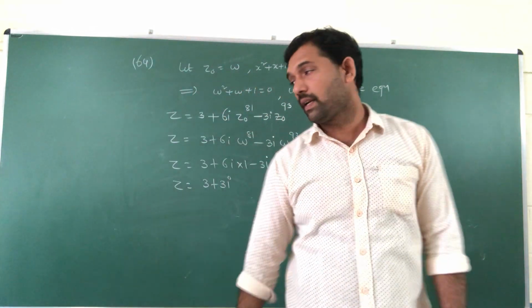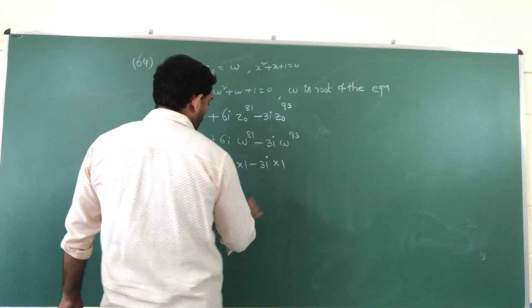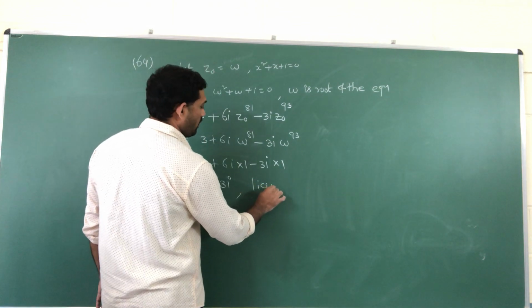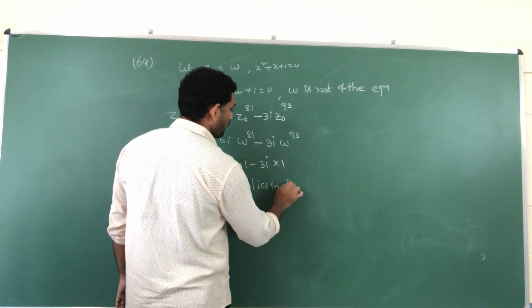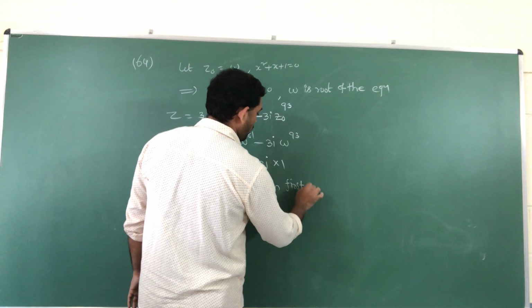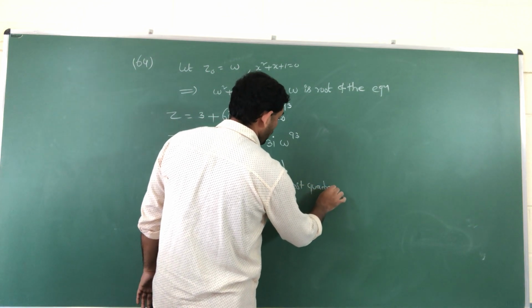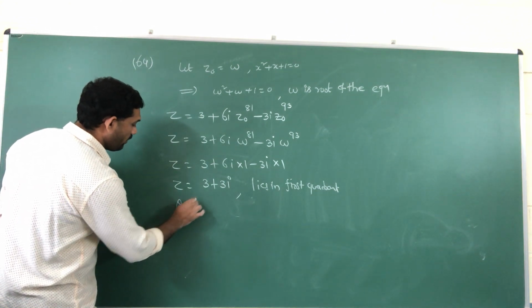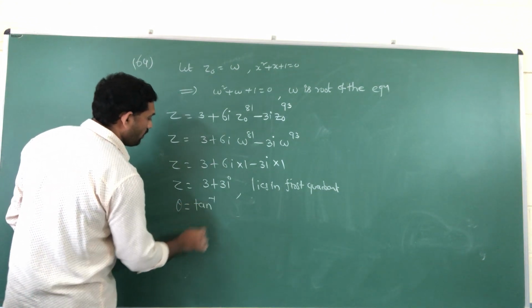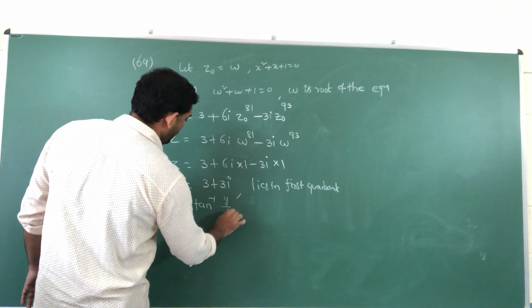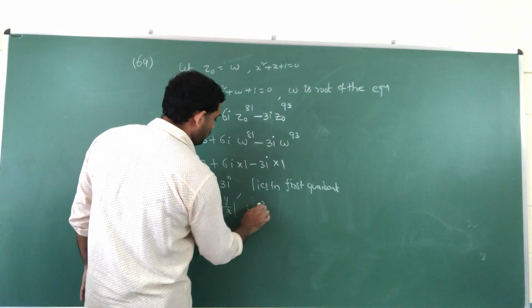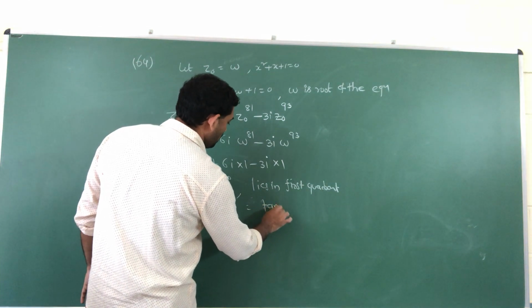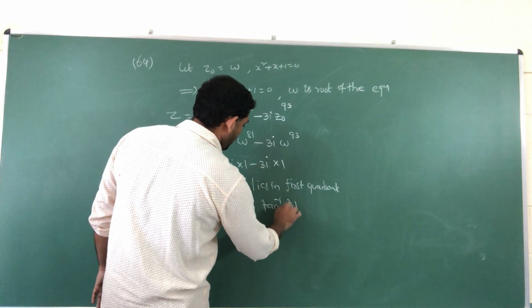So the complex number lies in the first quadrant. Lies in the first quadrant means what is the theta value? Tan inverse of y by x, 3 by 3. So tan inverse of 3 by 3. 3 by 3 is 1.